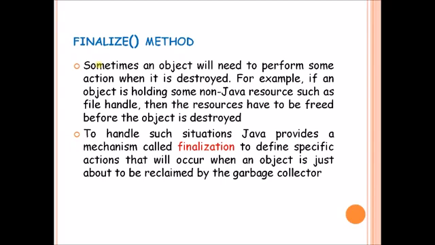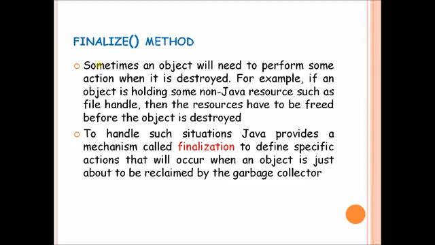So in case of Java, an object will need to perform some action when it is destroyed. For example, if an object is holding some non-Java resources such as a file handle, then the resources have to be freed before the object is destroyed.